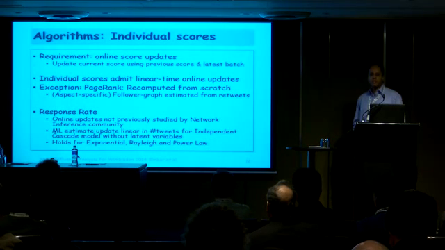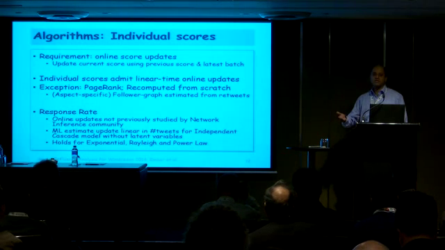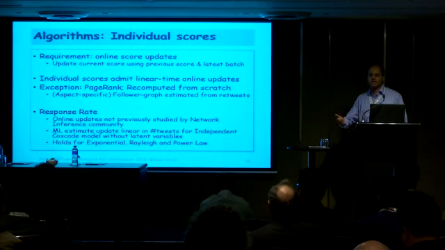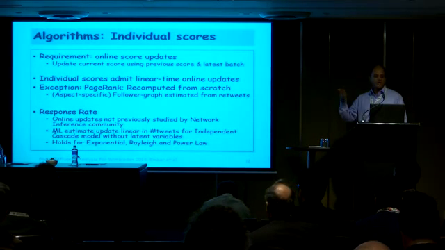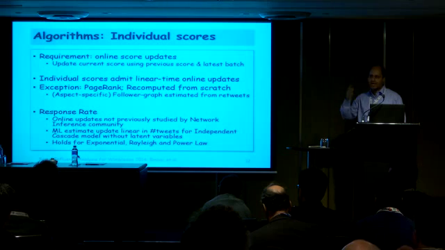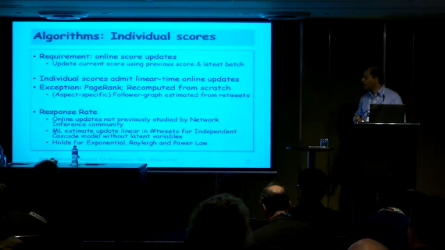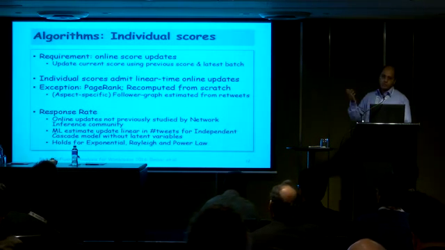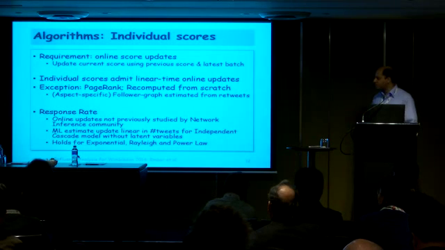What that means is that I should be able to update the scores at time t based on the scores at time t minus 1 and the new data at time t, without having to go over all the previous data that I had. I simply cannot do that because of the scale. And of course, probably some summary statistics of the old data.